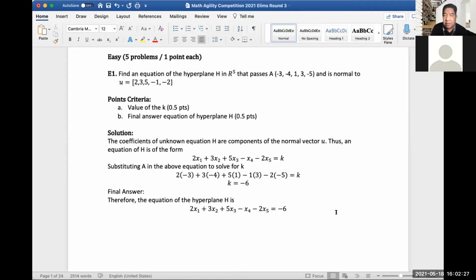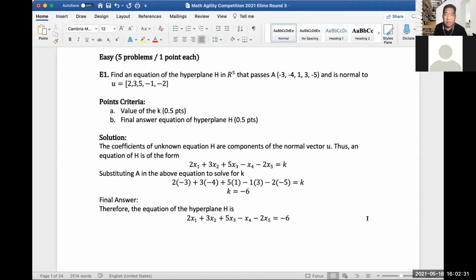And then since it passes through point A, what we need to do is just substitute the values in the equation in k. So negative 3 would be x1, negative 4 would be x2, 1 would be x3, 3 would be x4, and negative 5 would be x5. So you will form this equation here, right?